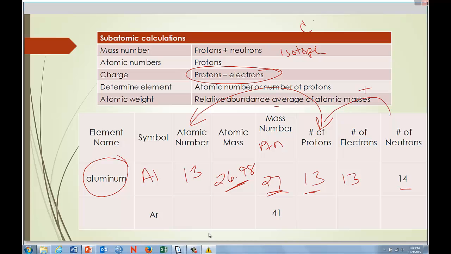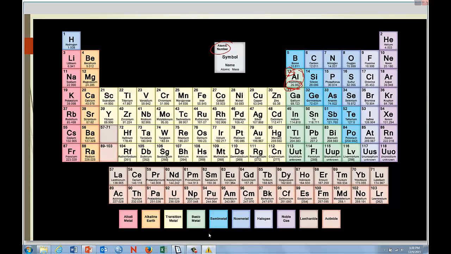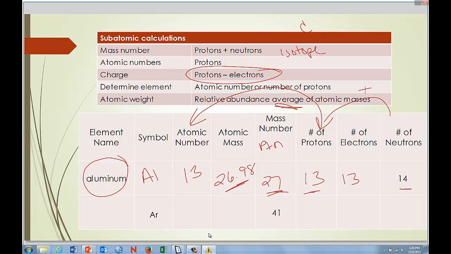All right, so let's try it again. Ar is right here. It's argon with the atomic number of 18. Because the atomic number is 18, that means the protons are 18. Notice this time I gave you the mass number.